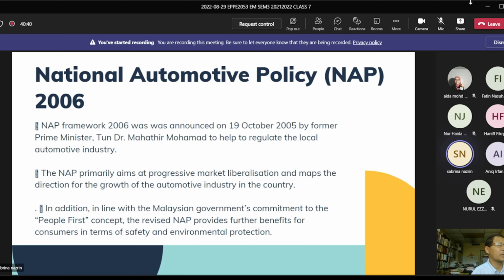The NAP primarily aims at progressive market liberalization and maps the direction for the growth of the automotive industry in the country. In addition, in line with the Malaysian government's commitment to the people first concept, the revised NAP provides future benefit for the consumer in terms of safety and environmental protection.